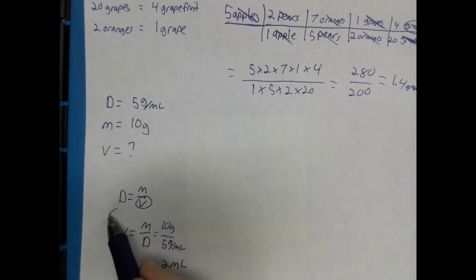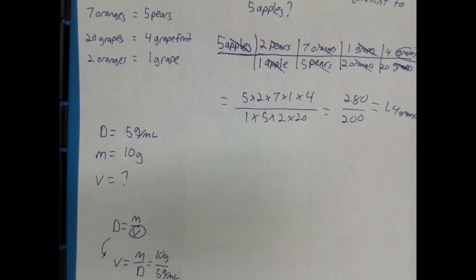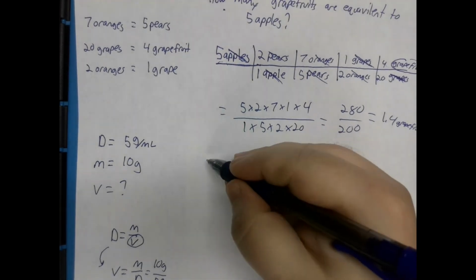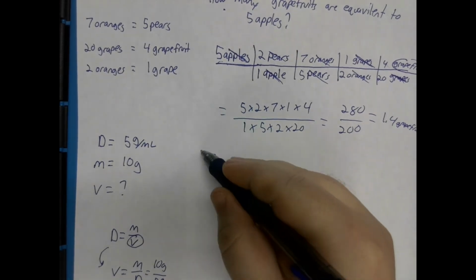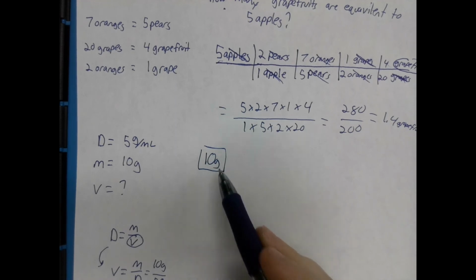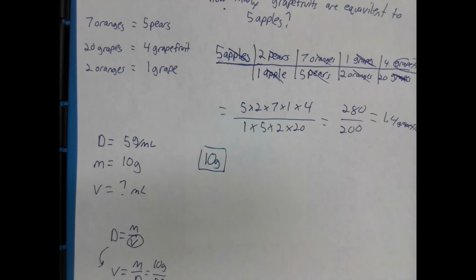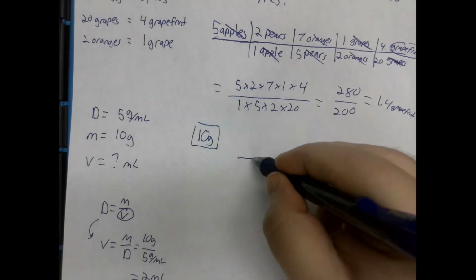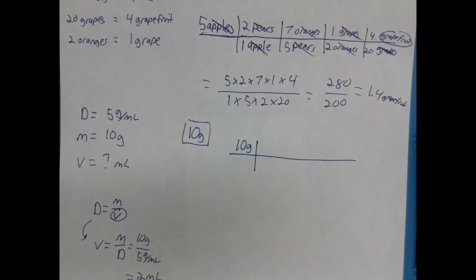You had to use algebra to do this, right? Let's start with what I'm given. I am given 10 grams as my mass. I am trying to convert 10 grams into some volume that is milliliters. So I would draw my little grid. I would start in 10 grams. And I'm trying to get in milliliters.